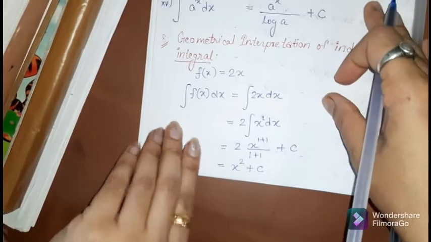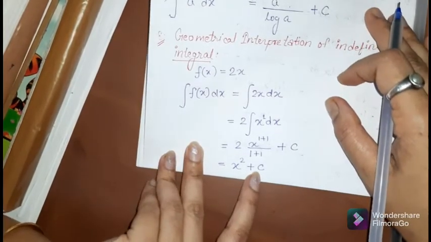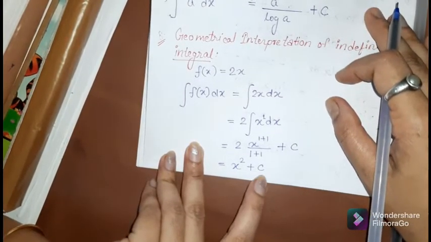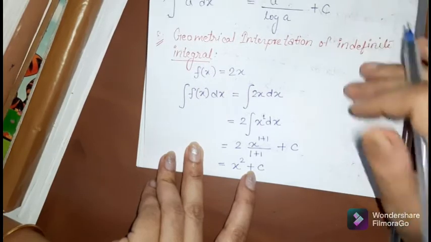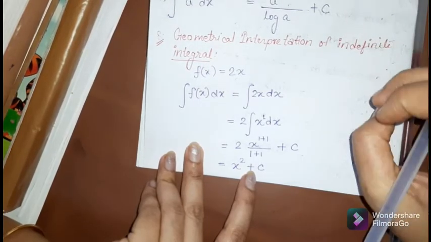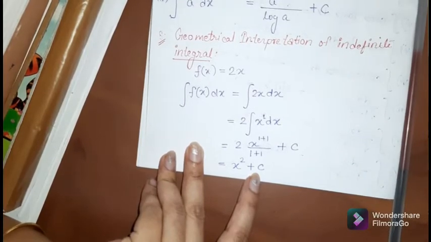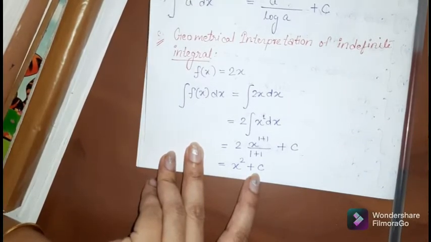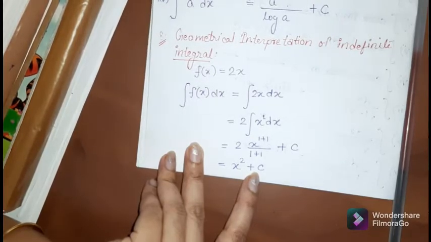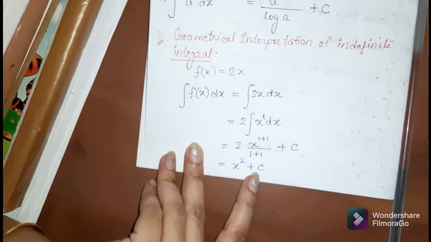But here you see c is a constant. In place of c we can use different values, we may put 1, 2, 3, any values. Because c is an arbitrary constant, for different values of c you get different curves.